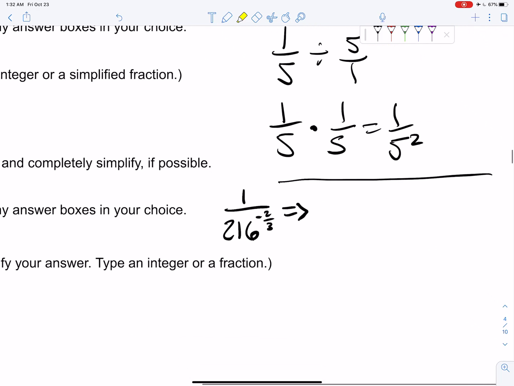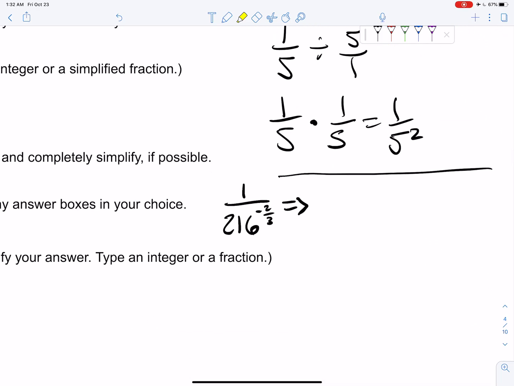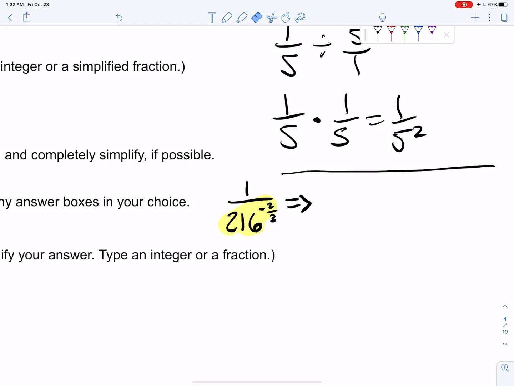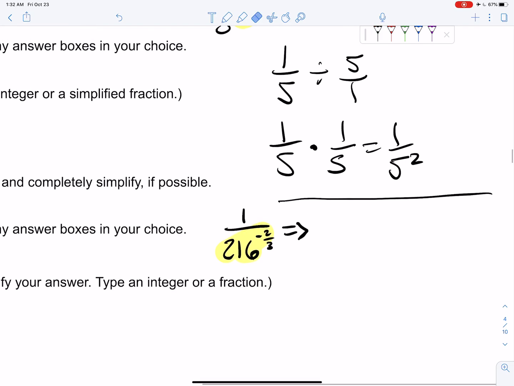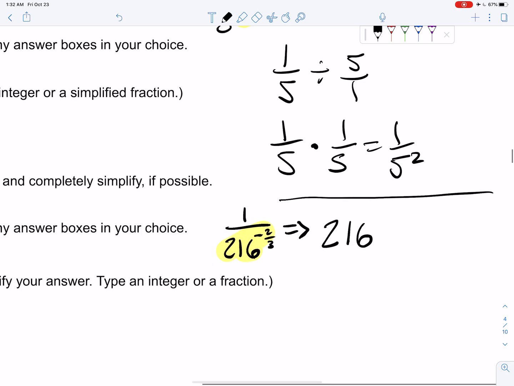So I can write this expression in the numerator. It's now in the numerator, and what changed? The negative sign is now positive 2/3.